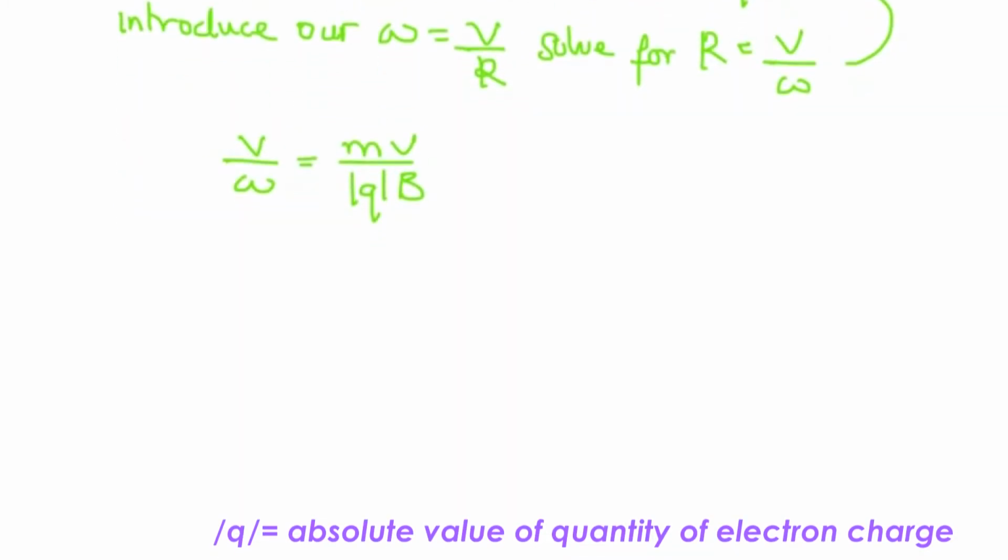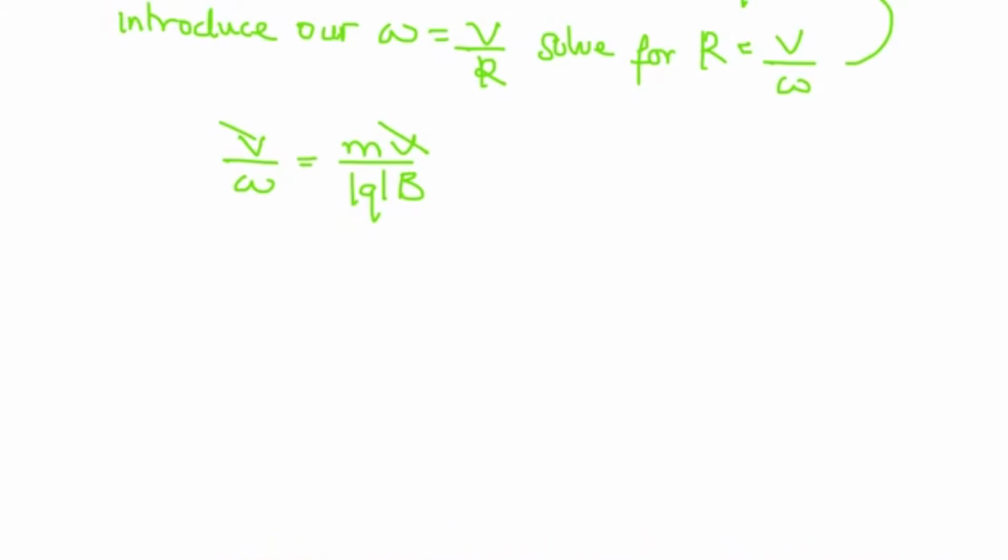The velocity cancels out, and what we get is an expression that relates the angular frequency to the charge, the magnetic field, and the mass of the electron. This tells us that the angular frequency is not dependent on the particle's velocity or the radius of the path.